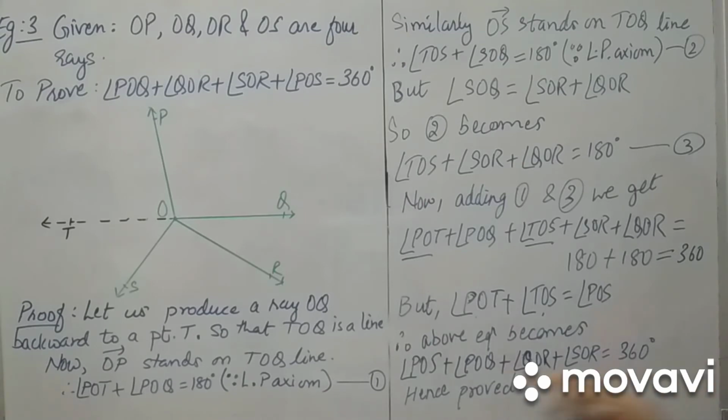You can see what we had to prove is all the angles. So, hence we have proved that the addition of all these angles will give 360 degrees.